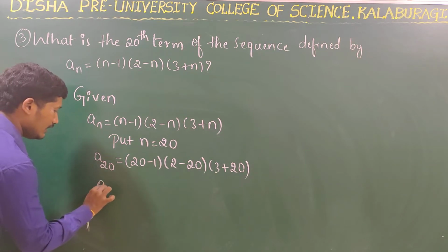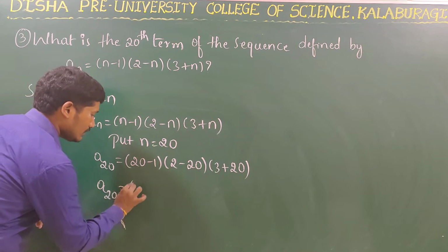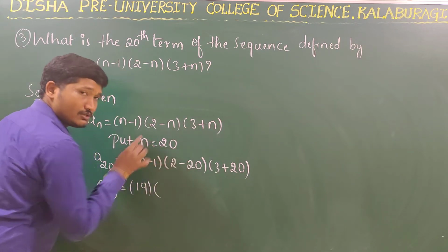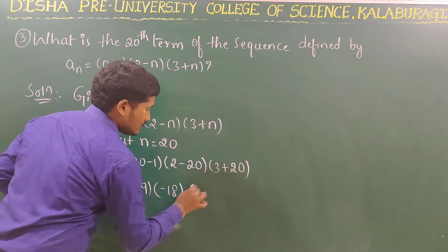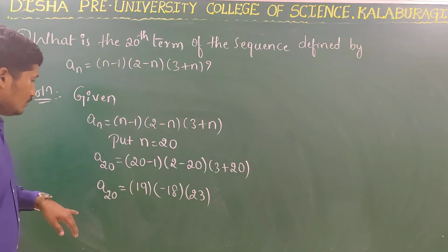and (3 plus 20). So A20 is equal to: 20 minus 1 is 19, 2 minus 20 is minus 18, 3 plus 20 is 23.